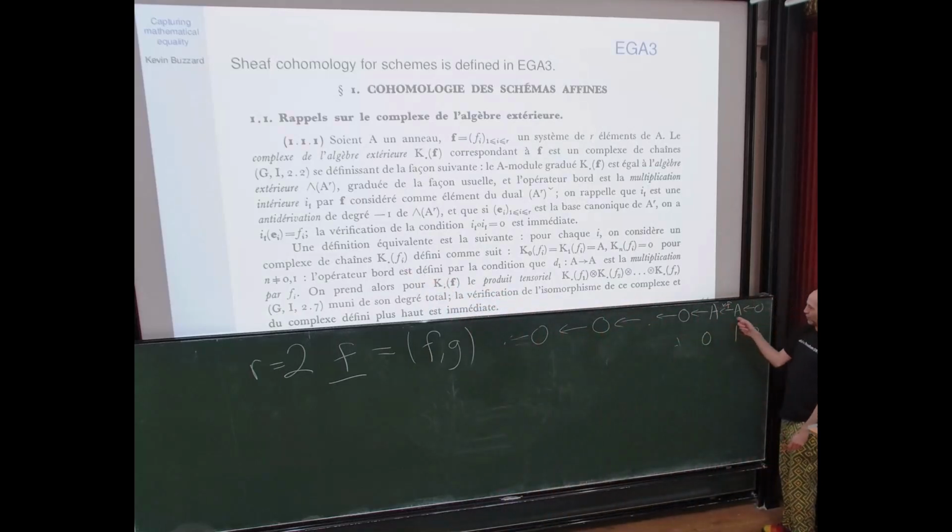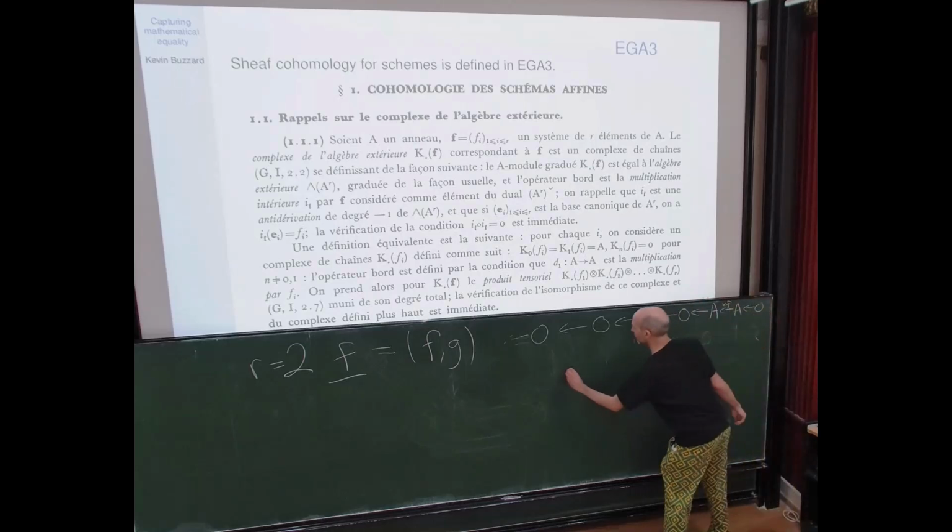So it's two non-zero vector spaces, and the map between them is multiplication. And complex just means if you do two consecutive maps, you get 0. So if you start here and then you multiply by f, and then you send everything to 0, you get 0. And similarly, if you start here, then you're at 0, and you multiply by f, you get 0. So any two maps, you get 0. So there we go, there's a complex. And there's another complex as well that has A with multiplication by g.